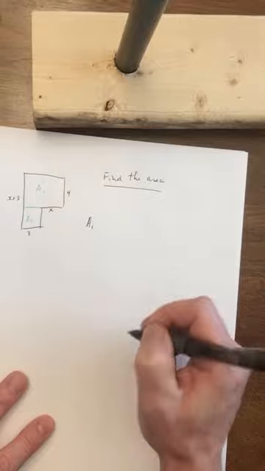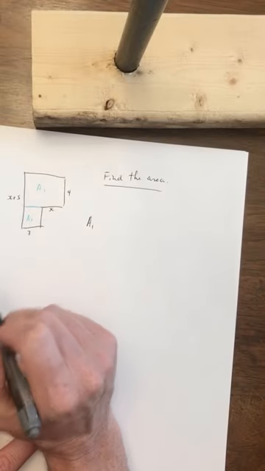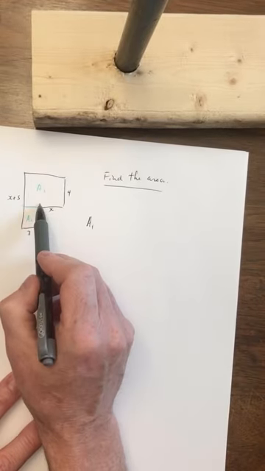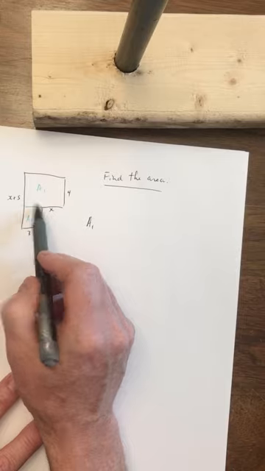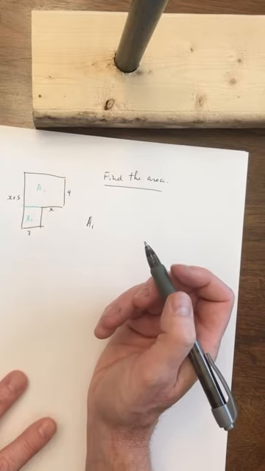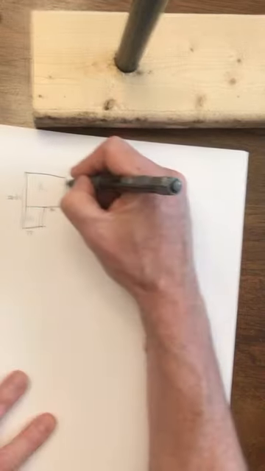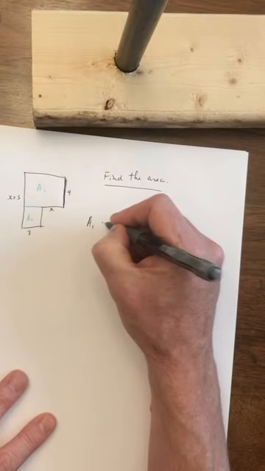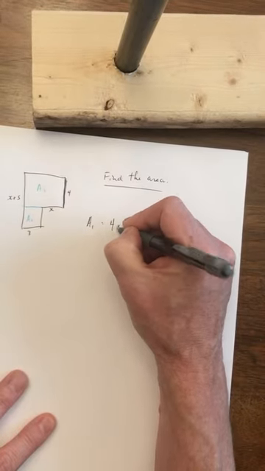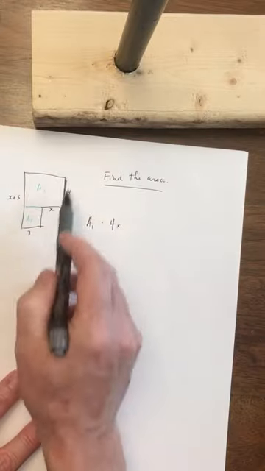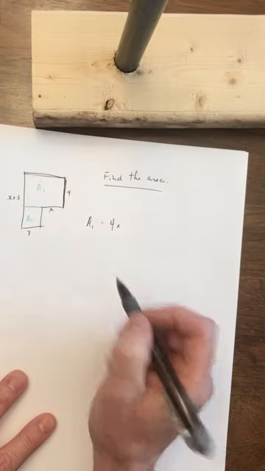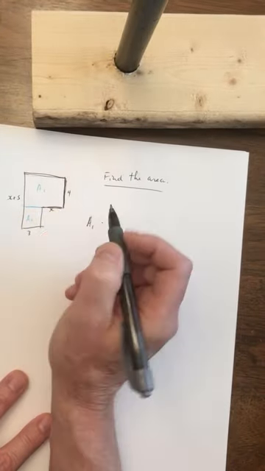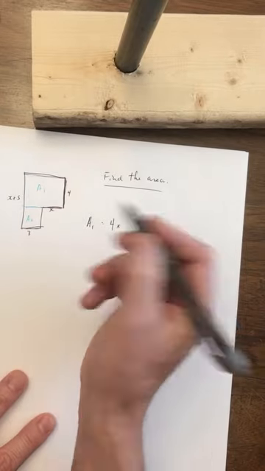So rectangle 1, my formula for a rectangle, or maybe it's a square, is length times width. Now my length here is 4, so it's going to be 4, and my width is right here. That's going to be x and 3 added together.